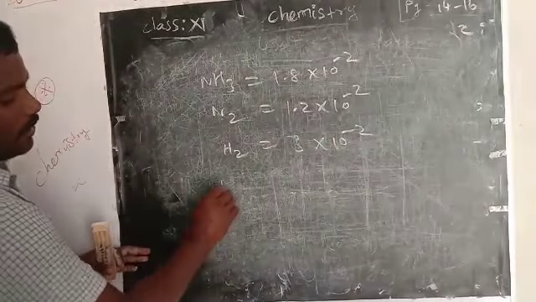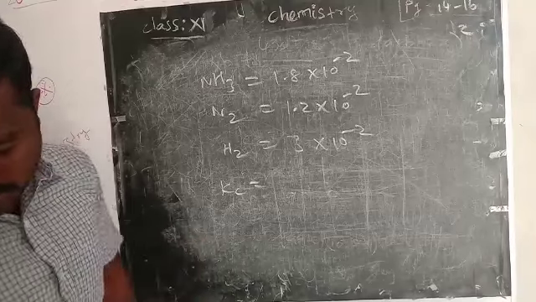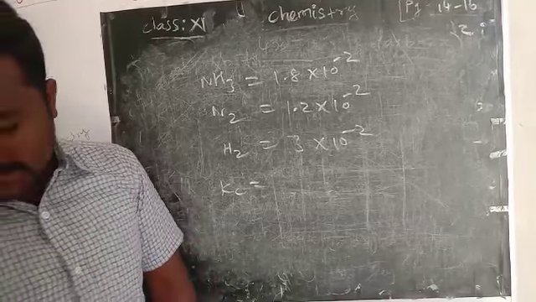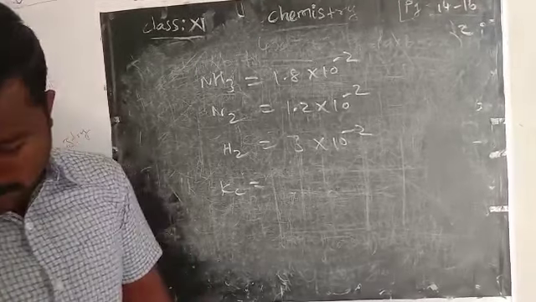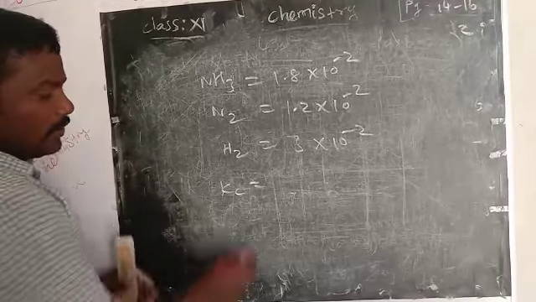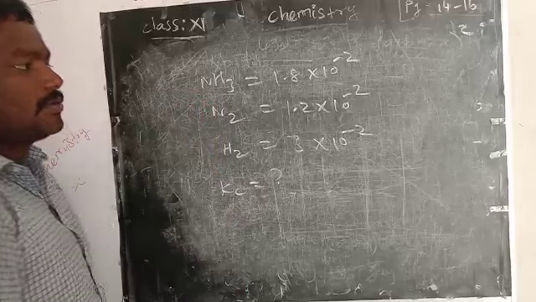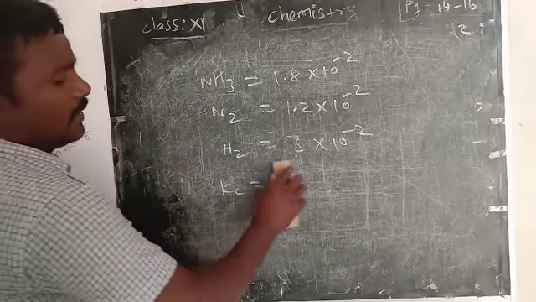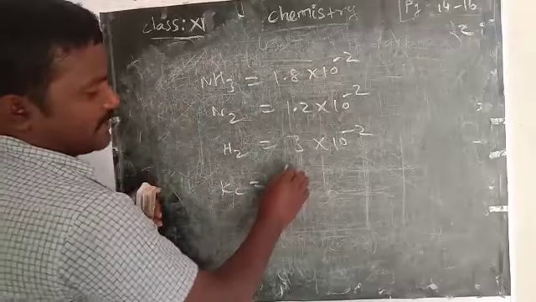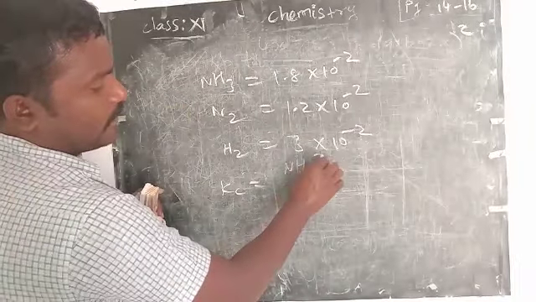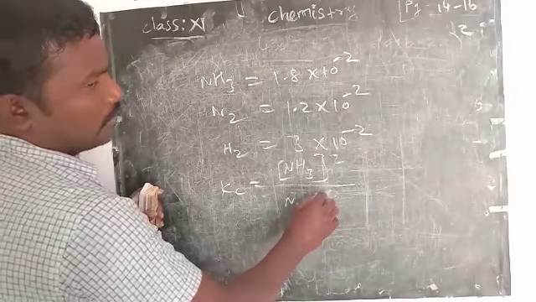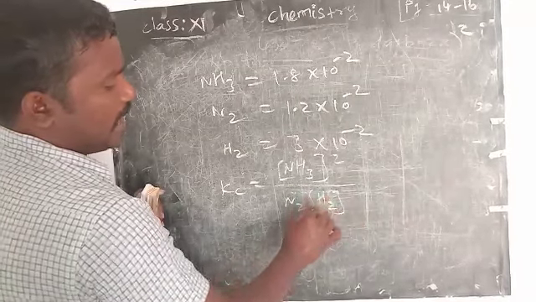So for Kc, what is the question? Equilibrium constant for the formation of NH3 from N2 and hydrogen. So we want to calculate Kc. Concentration terms are given. For the ammonia preparation reaction, what is the Kc term? NH3 squared over N2, H2 cubed.